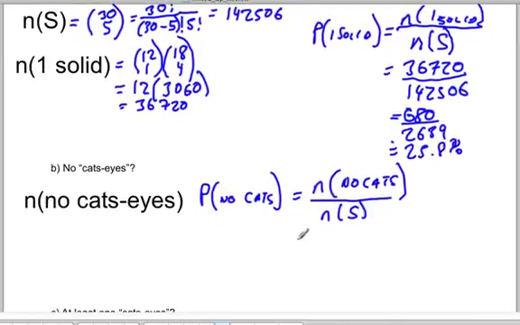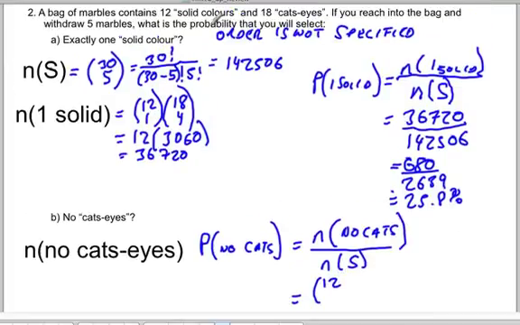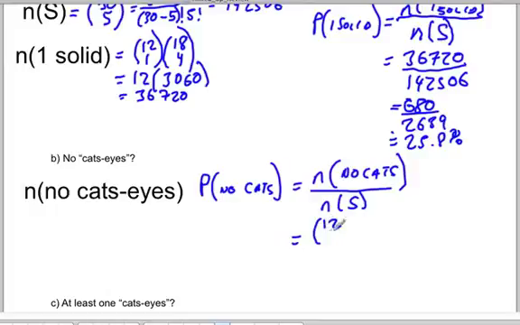So the number of ways we can draw no cat's eyes is going to be 12, because we have 12 solid colors and we're going to pick all 5 solid. So 12 choose 5 times 18 choose 0, because we're going to get no cat's eyes, all over 30 choose 5, which is the number of ways we can draw 5 marbles out of a bag of 30 when order does not matter.